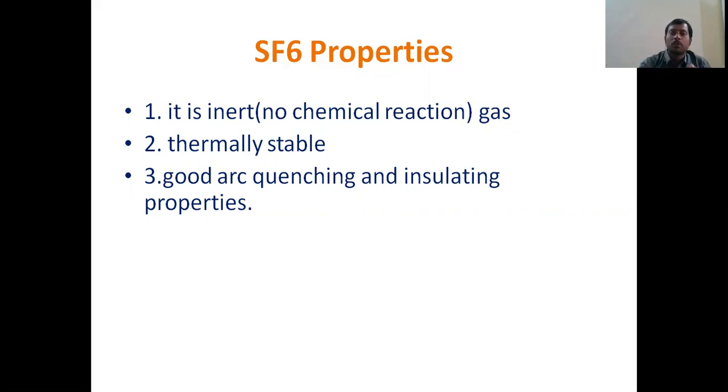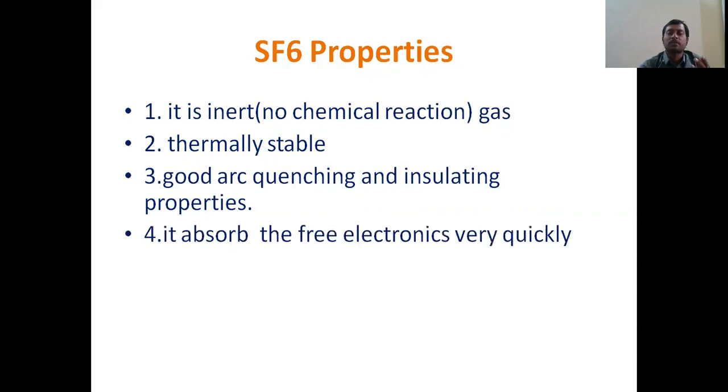So those are the properties of the SF6 gas, and also it absorbs the free electrons very fast compared to oil and air. Compared to oil and air, the SF6 gas has good properties to absorb the electrons, just like control rods in a nuclear reactor.